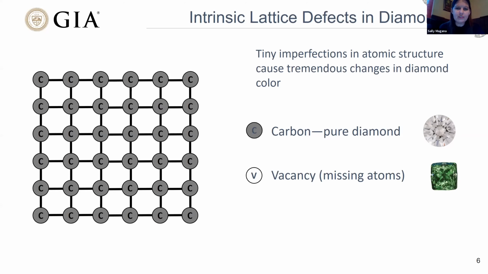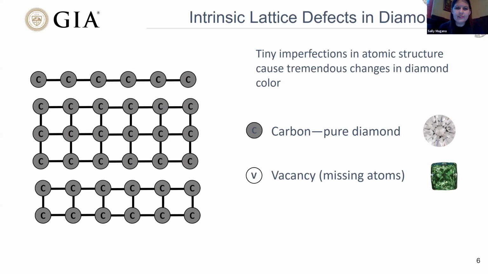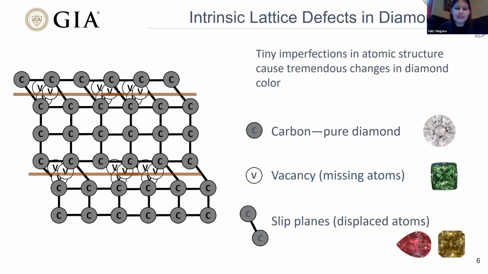Let's go back to that pure carbon, and instead of creating vacancies, I'm going to give it a little kink, or actually that's what the Earth does when it subjects it to geologic forces deep in the Earth. It gives it that little kink, and then with the right ingredients, it can create brown or pink to red stones.